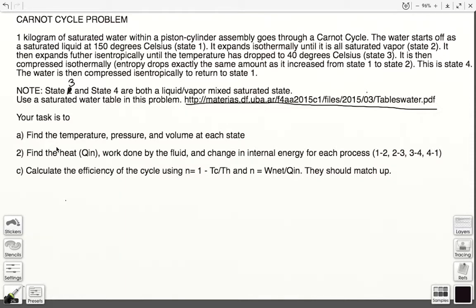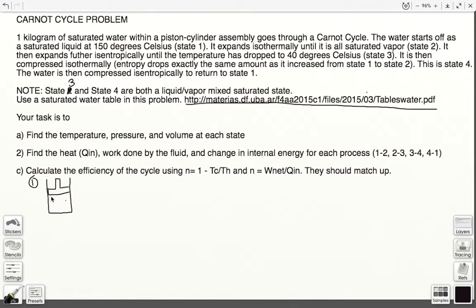Okay, so how do we draw the 4 stages here to help visualize this problem? So in state 1, we've got our familiar cylinder enclosed by a piston.